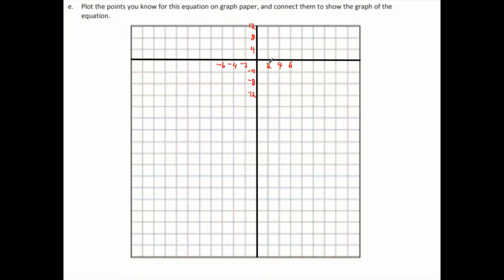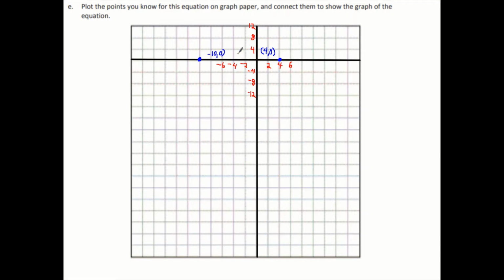So for my x-intercepts, I have this one right here at 4, 0. And I have this one over here at negative 10, 0. The next point that we found was our vertex.